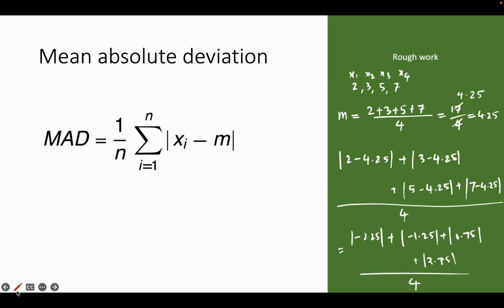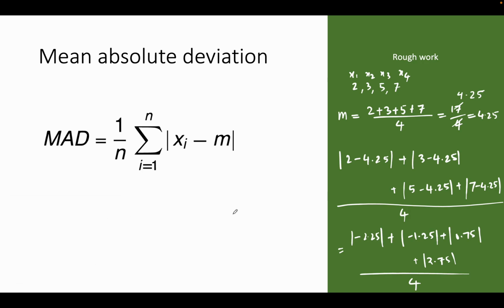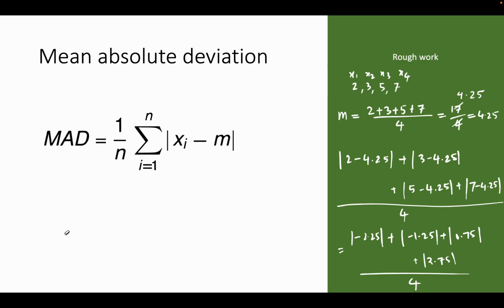Removing the modulus, it will be 2.25 plus 1.25 plus 0.75 plus 2.75, and this whole divided by 4.